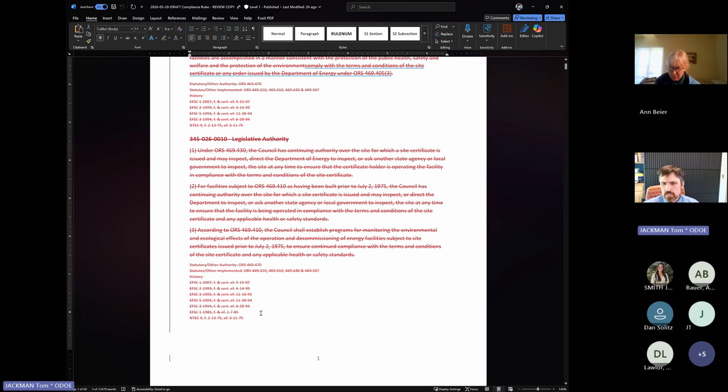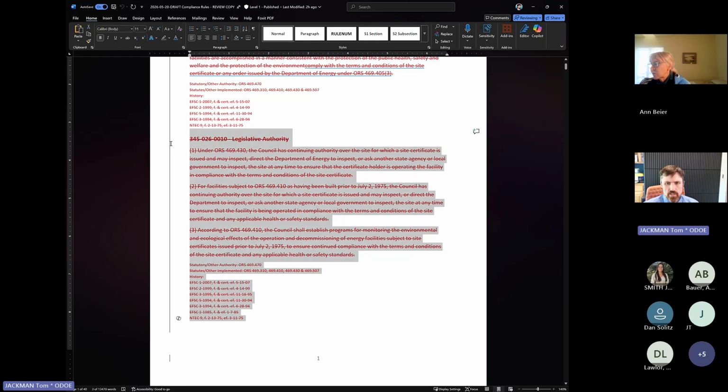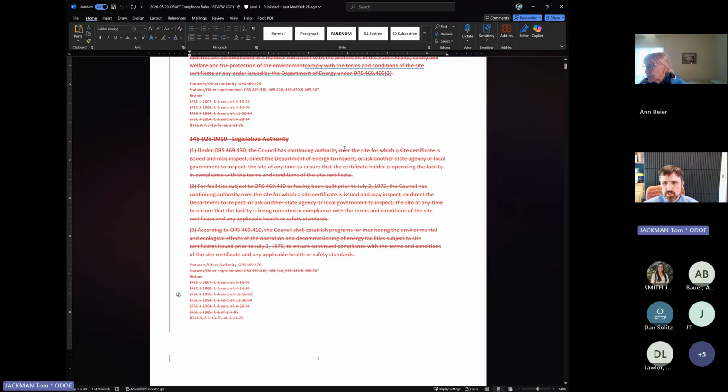And then this bit in here about legislative authority is largely the same. It's basically saying that under ORS, we do these things. Well, it's in ORS, so does it need to be here as well? I don't really think that it does. We already have under each rule the statutory authority and the statutes that are implemented by that rule.